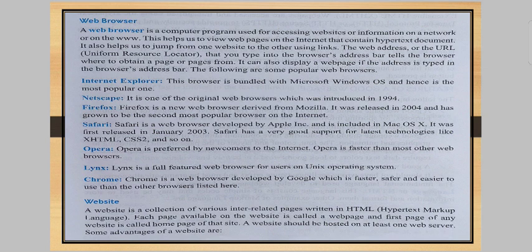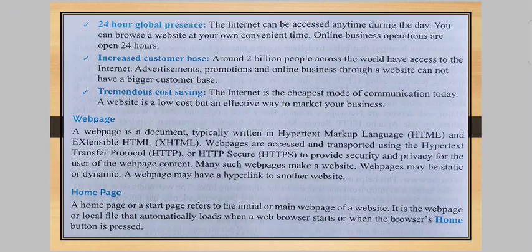A website should be hosted on at least one web server. Some advantages of websites are 24 hours global presence, increased customer base, tremendous cost saving. Okay, so these are the main advantages of websites.